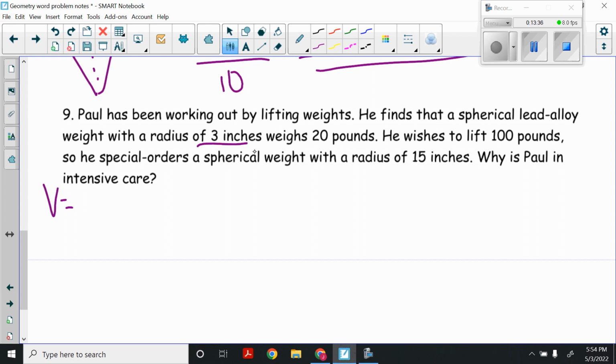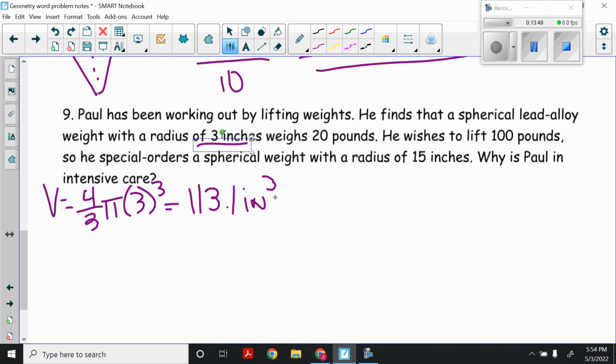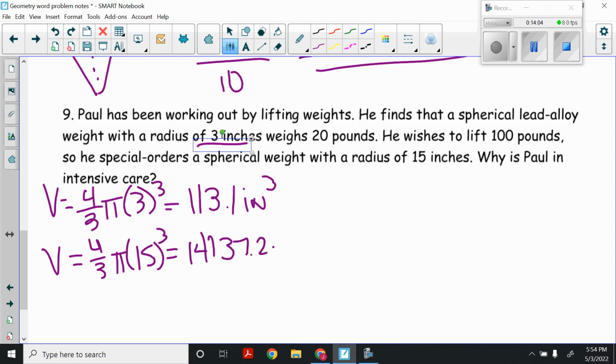So the volume of the first one, 4/3 pi times the radius 3 cubed, gets us 113.1 cubic inches. The volume of the one that he orders, 4/3 pi times 15 cubed, is equal to 14,137.2 cubic inches. I can look at how much bigger this volume is than that one.